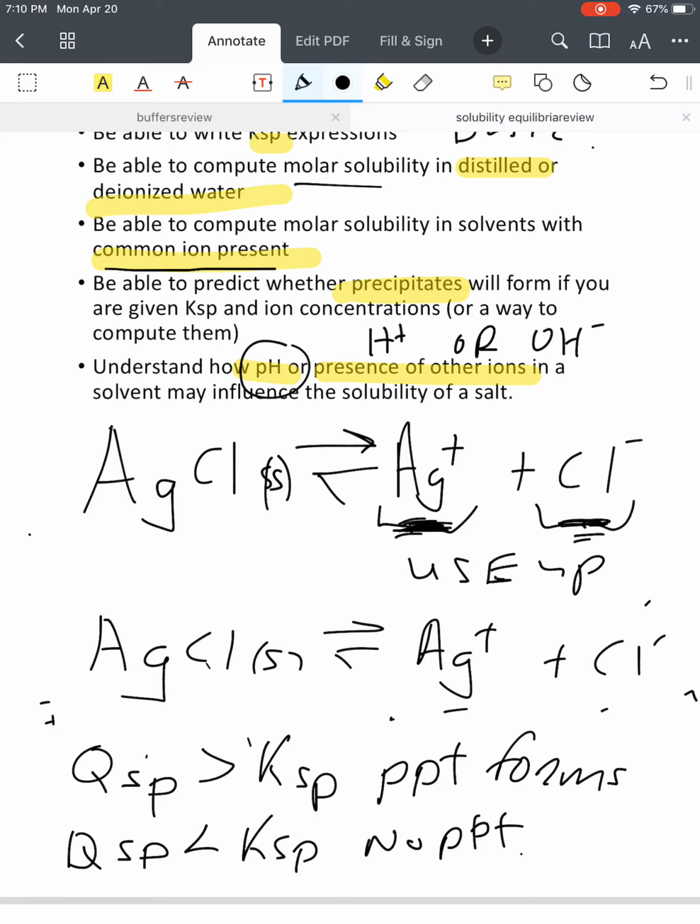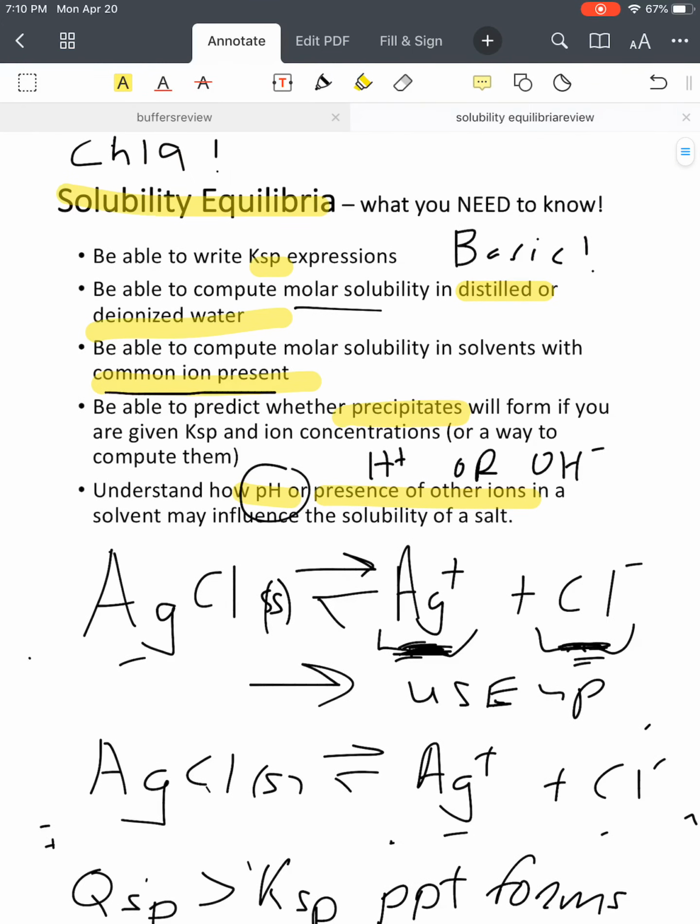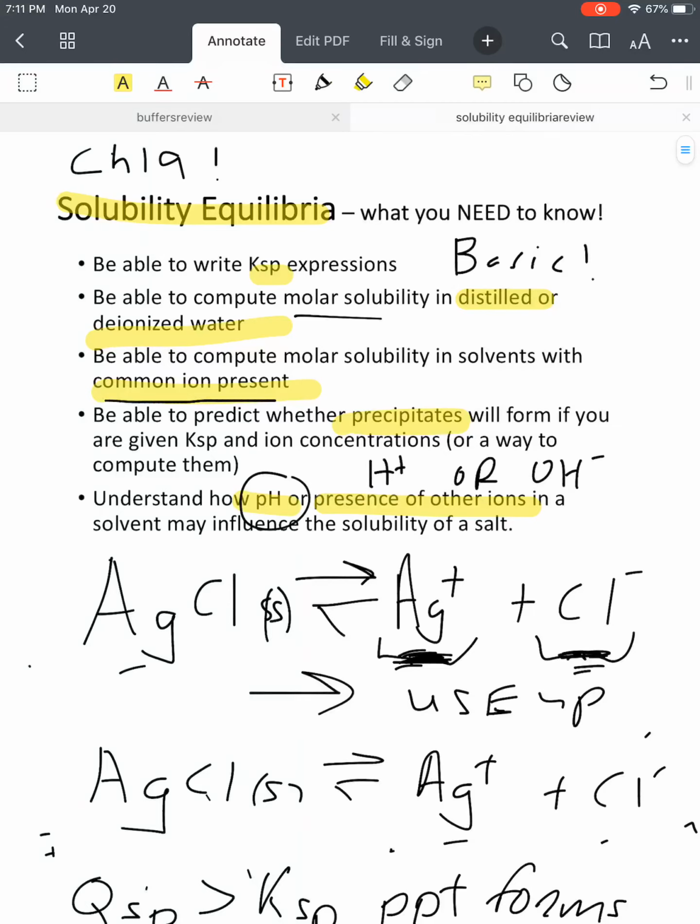And if that happens, if I use up one of my products, it shifts the equilibrium, right, making this stuff more soluble. So always be on the lookout for these other secondary reactions. I'll show you an example of that in one of the corresponding videos. But this is basically a summary of, I think, the things that are most important for solubility equilibrium to know for tomorrow's exam.